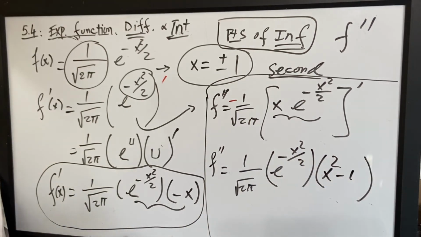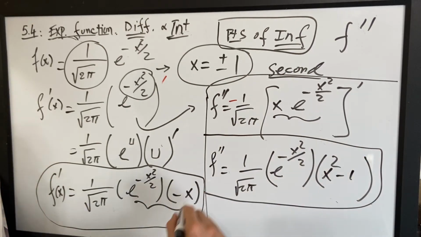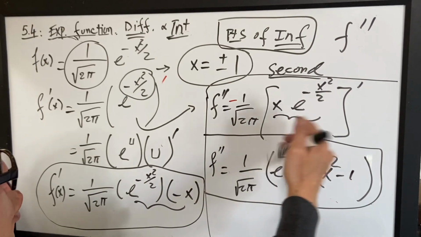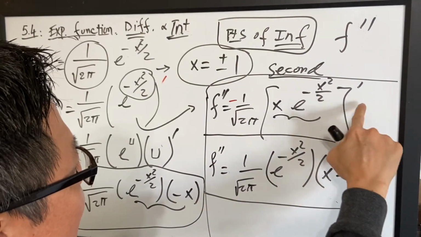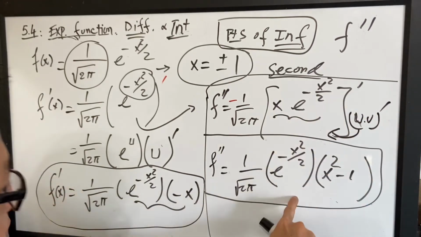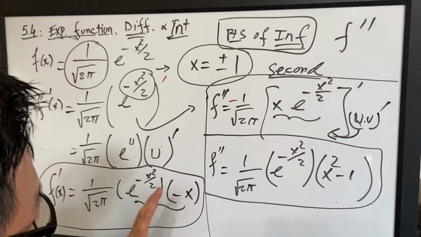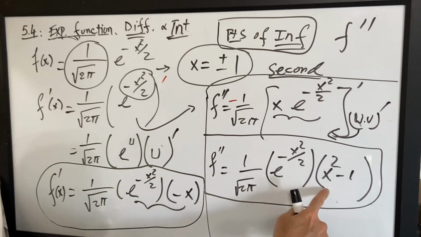This is your second derivative and what that looks like after you simplify your product rule. That is u times v, derivative. And you will have this beautiful formula here. It's not that complicated, but just be careful with the details and the sign.